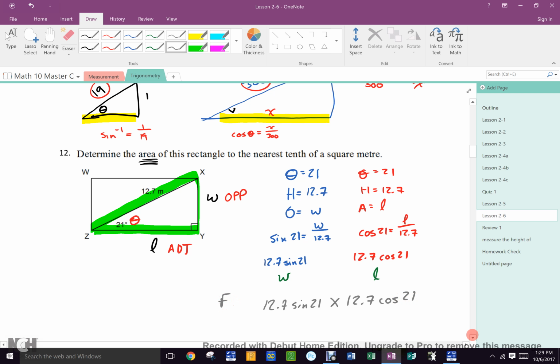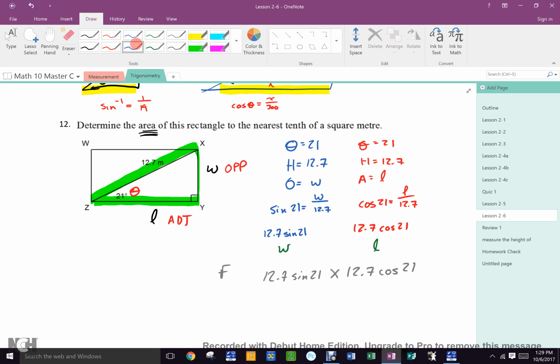If I had a backwards calculator, it would be 21 sine times 12.7 in brackets times 21 cos times 12.7 in brackets and equals. And I would get the same answer.